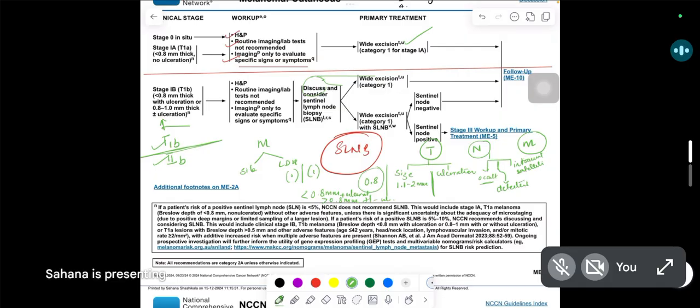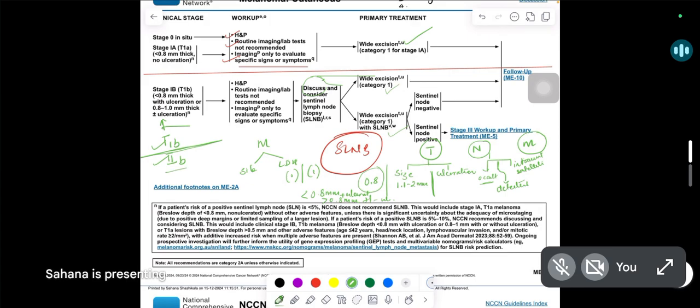Here, there is a role to avoid SLNB in this category, where you can do only wide local excision and no SLNB. Then, depending on their positivity, you will decide whether to do completion lymphadenectomy or just address this micrometastasis or further non-SLN lymph node metastasis with any adjuvant therapy. So that is the thing.